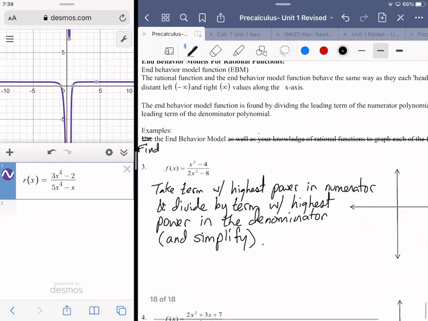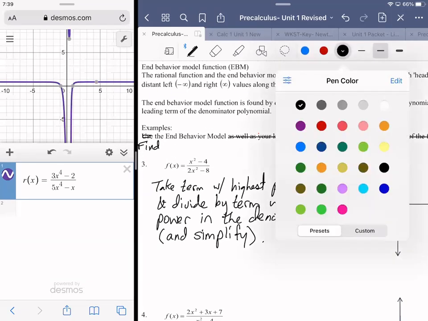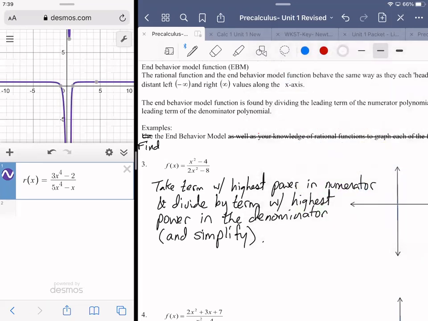Like I said, it's actually a refreshing change from some of the nightmarish stuff we've been doing. This is actually pretty easy. So if you look at the term with the highest power on the top, that's the x squared. The term with the highest power on the bottom, the 2x squared.